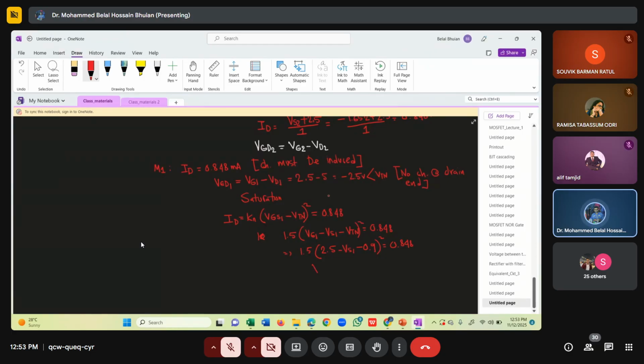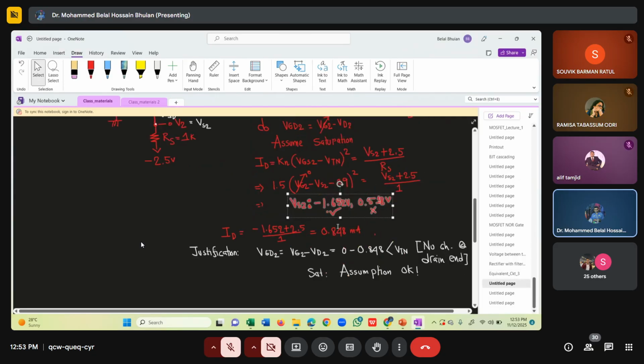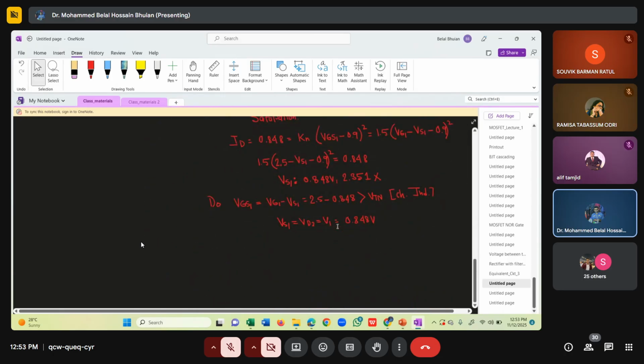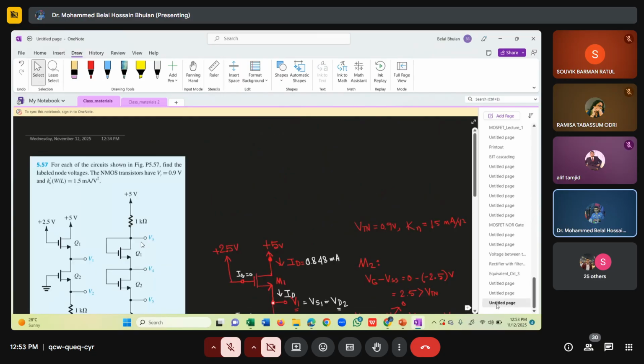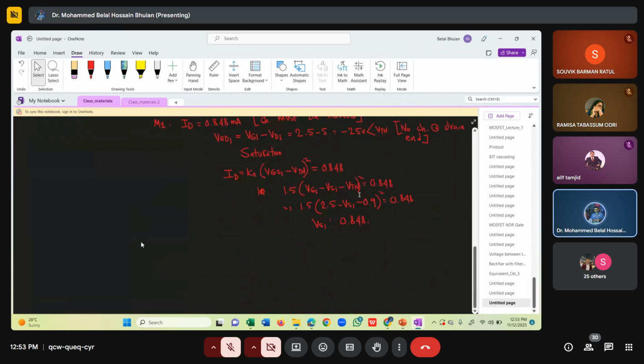If you calculate it, you're going to get two values for VS1 again. One of them is 0.848, another one, let me find it from the problem, is 2.351.